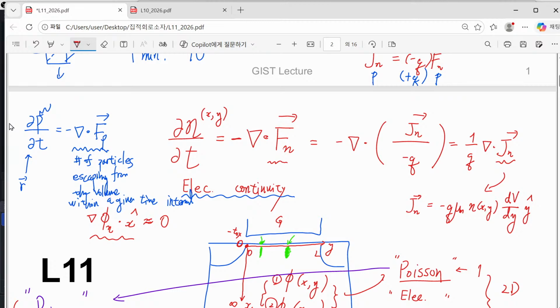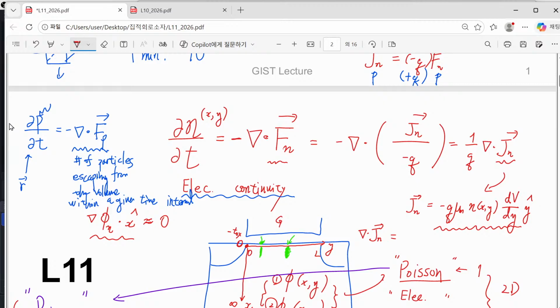Then please try to evaluate the divergence of Jn. How can you get the result of this operation? Of course, you have to take the x-directional and y-directional partial derivatives, but in this case, this is just a y-directional component, so you don't actually have to do the x-directional derivative. The y-directional derivative should be taken partially with respect to only y.